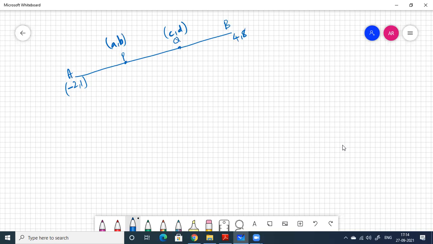Now, the value that we are talking about is: a is equal to (x2 plus 2x1) by 3, and b is equal to (y2 plus 2y1) divided by 3. We forgot one more thing, so let us go back to this.